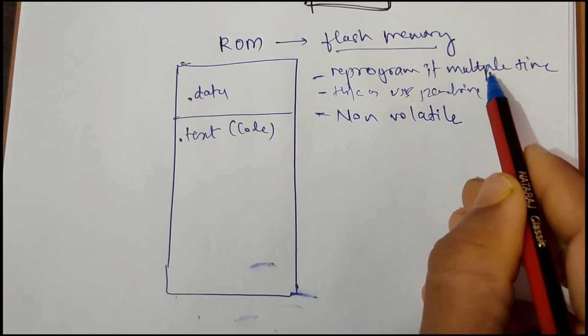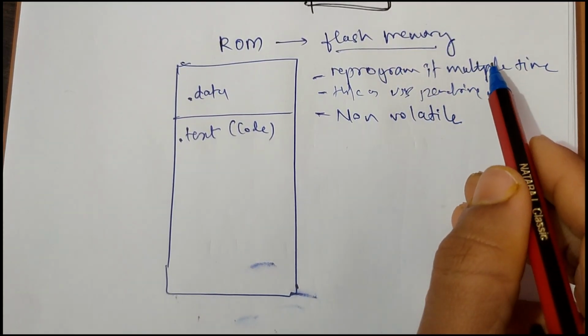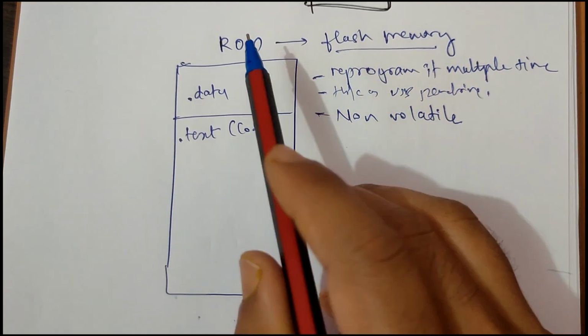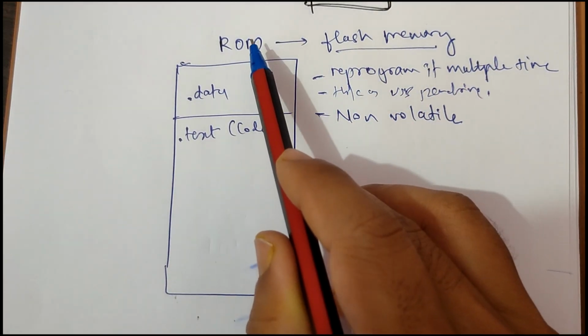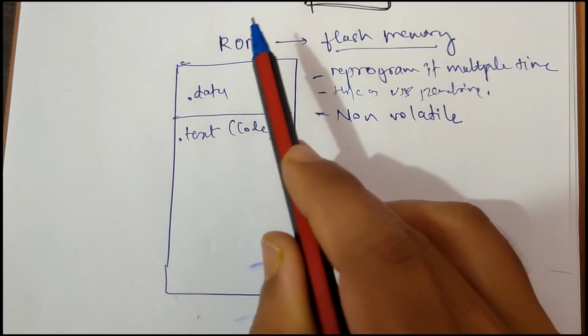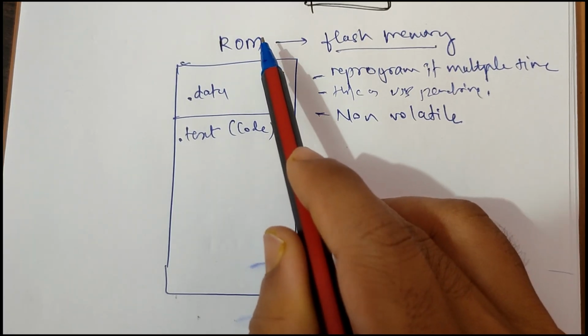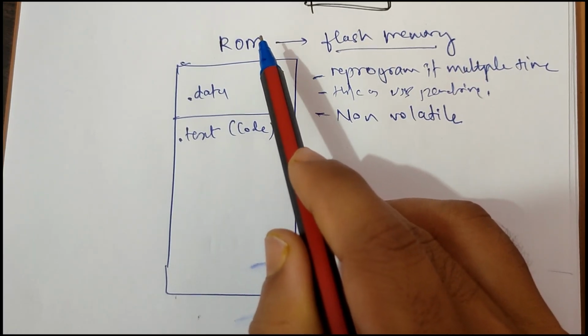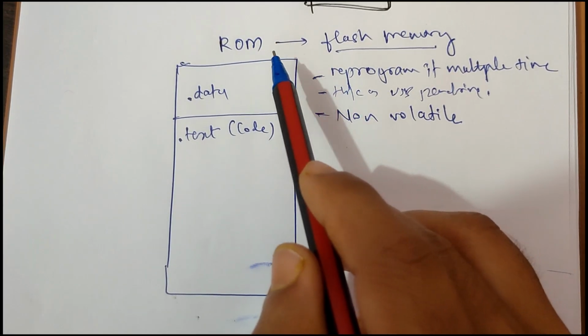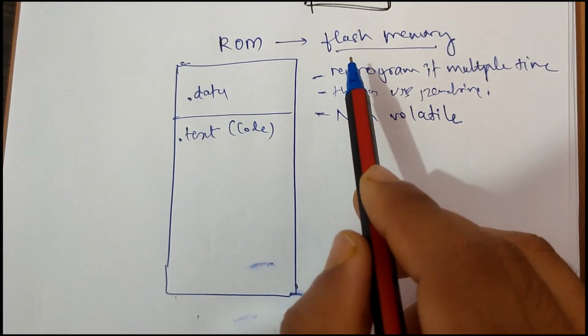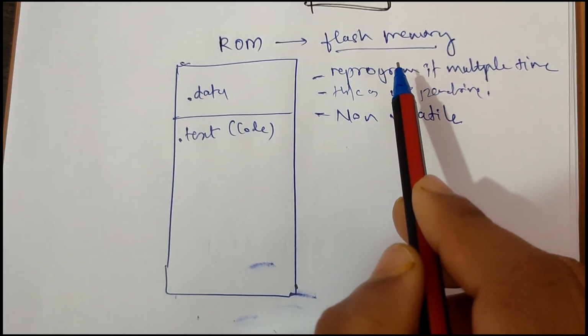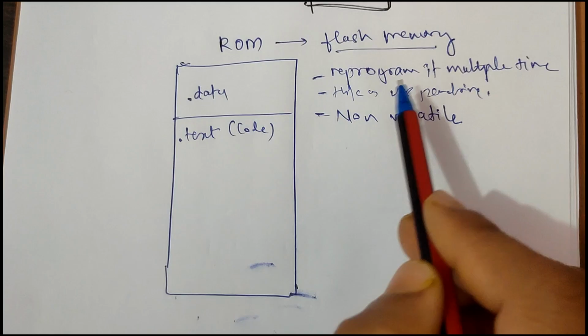Because most people think of ROM as something that once I program it, I cannot reprogram it. Yes, that's true, but there is flash technology which allows you to reprogram it. So ROM updates can be given as well.